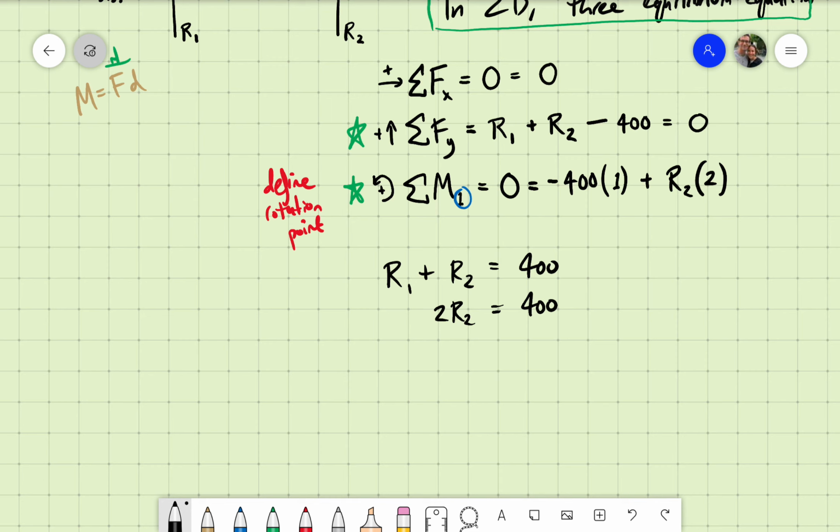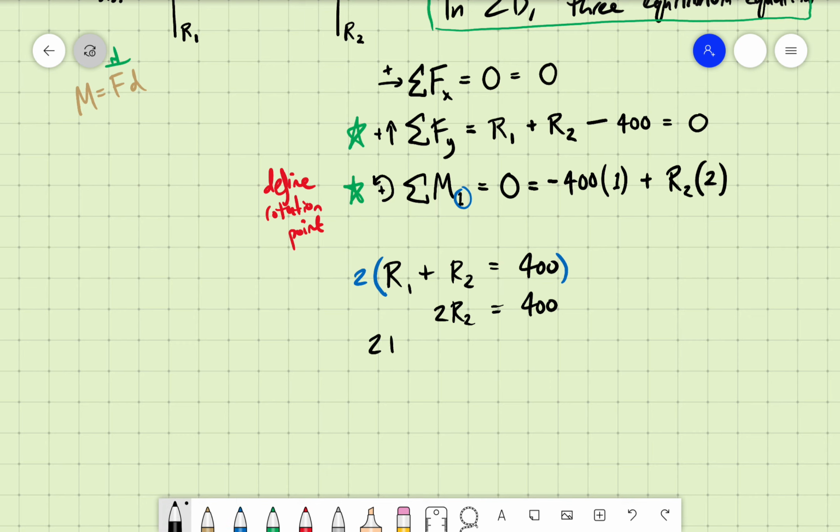Hope you remember your simultaneous equations. I don't know if they call them that on this side of the world. That's what I was taught to call them, a system of equations. I think that's what you guys call it. So what I'm going to do here, I need to eliminate a variable. So what could I do? I could multiply this whole equation by 2.